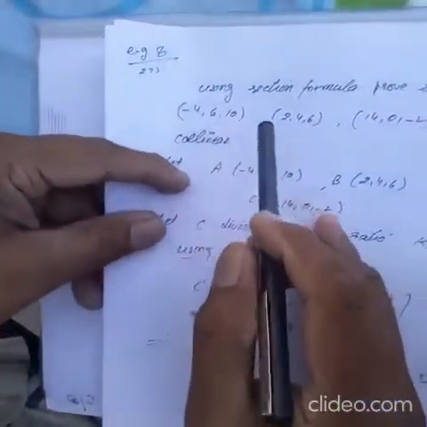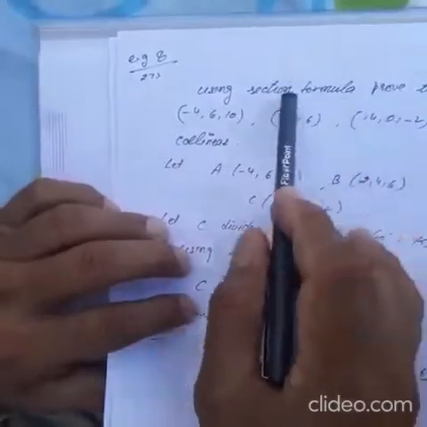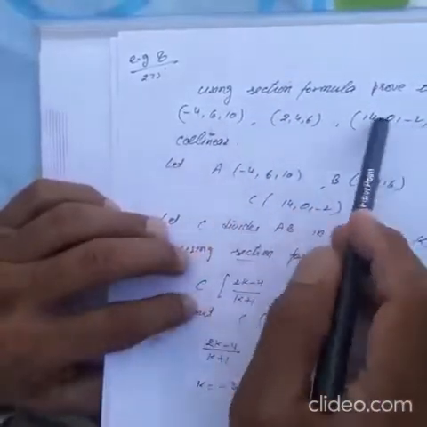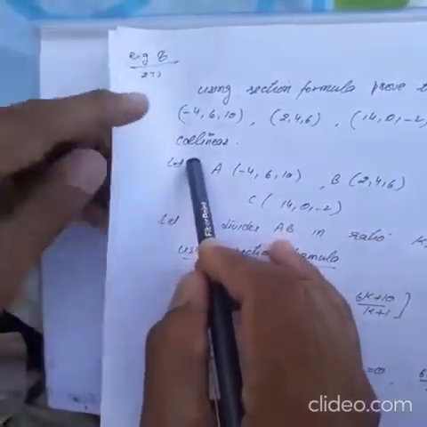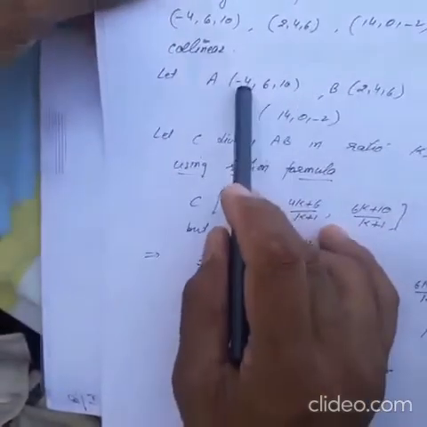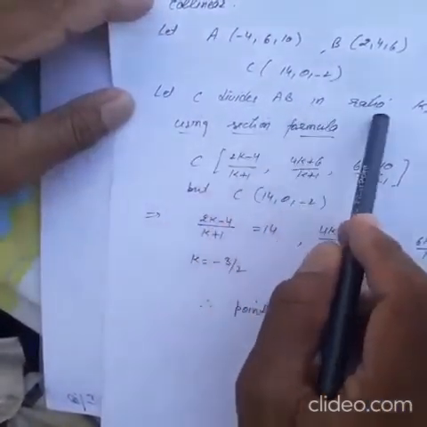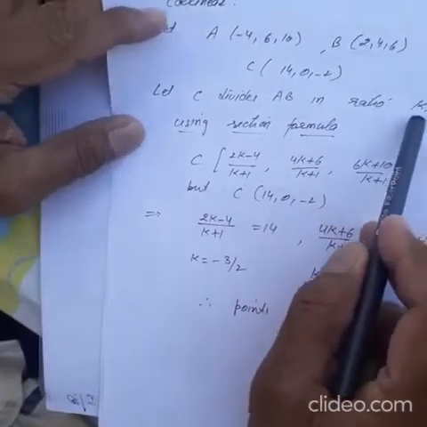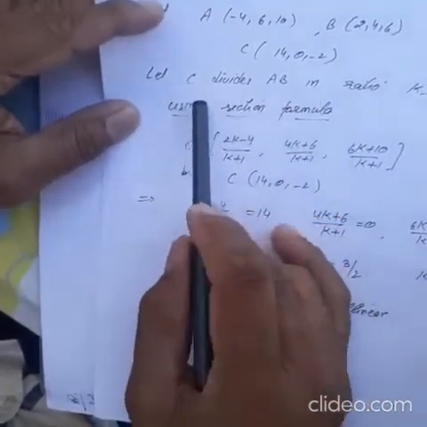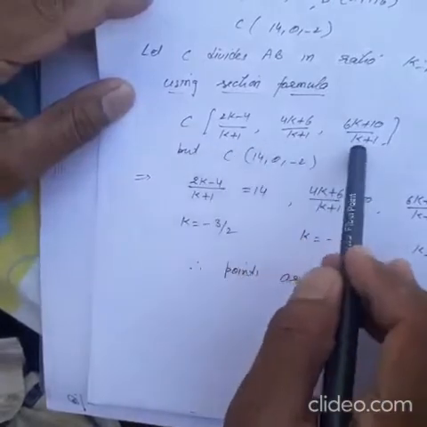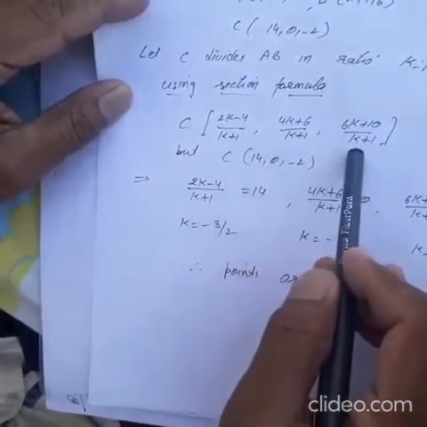Go on to question number 8. Using section formula, prove that these 3 points are collinear. We have done this type of question. Let the given points be A, B, C. Let C divide AB in ratio k is to 1. Using section formula, find coordinates of C point. We have applied the section formula here.